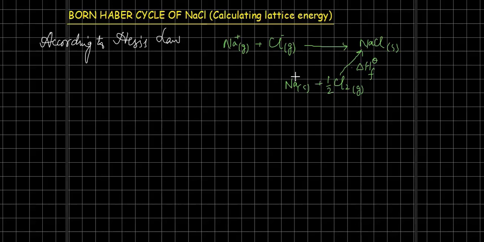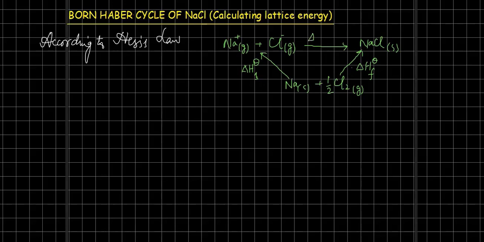This is the direct step, and these elements, sodium and chlorine, first change into ionic states, and this reaction can be denoted by standard enthalpy change 1.